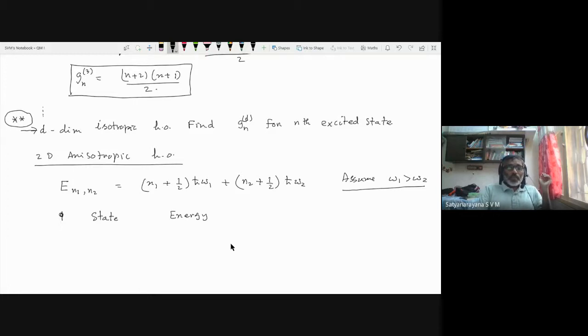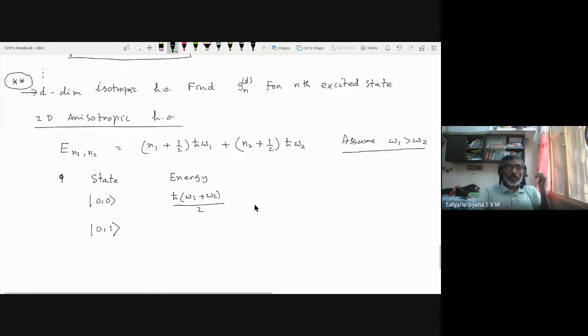So if I take state 0, 0, the energy corresponding to this one is h bar (omega 1 plus omega 2) divided by 2, the zero-point energy. Now if I take 0, 1, then you will have h bar omega 1 by 2 plus 3 by 2 h bar omega 2.